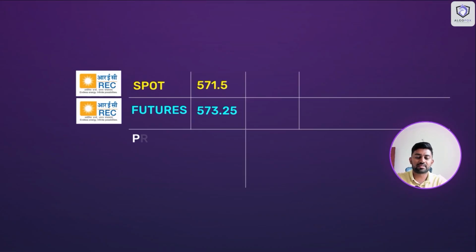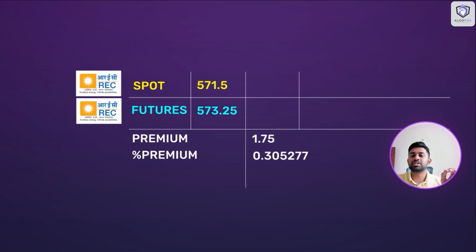The premium is future price minus spot price. It is 1 rupee 75 paisa. Now, if I calculate it in terms of percentage, then the percentage premium will be 1.75 divided by future price, and we will multiply it by 100. So the percentage is 0.3% premium.